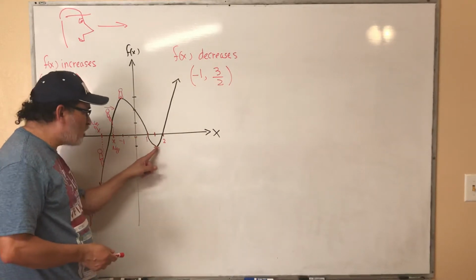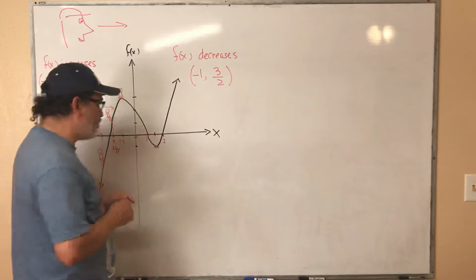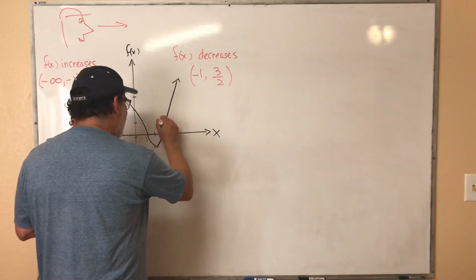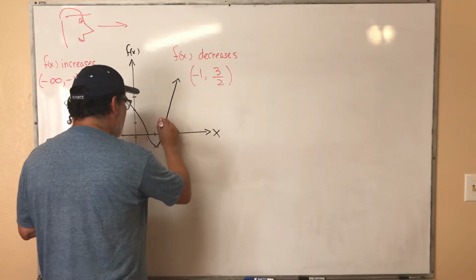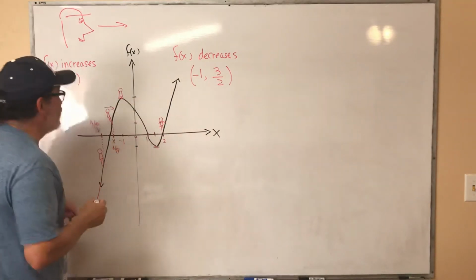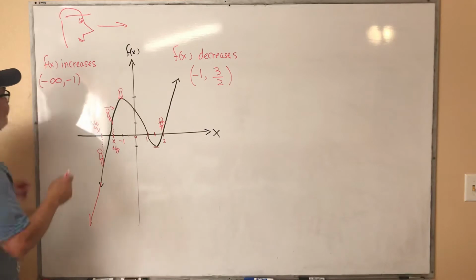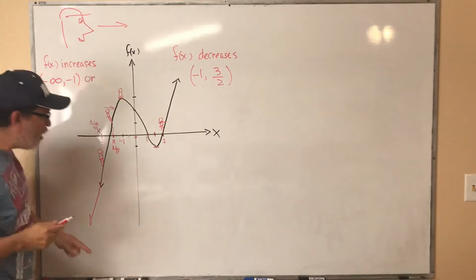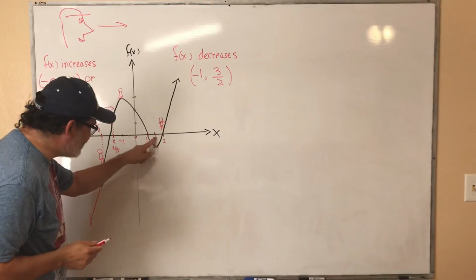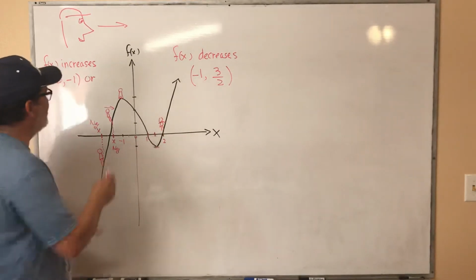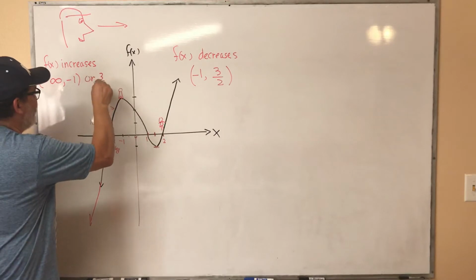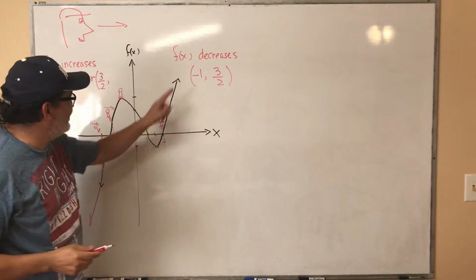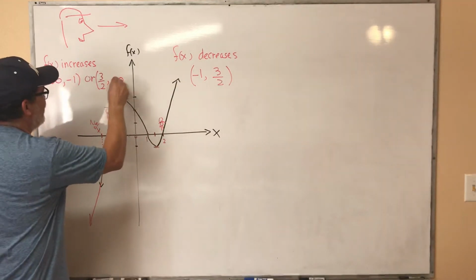Now you begin to increase. Look, if you start walking this way, now you're increasing again. So therefore, f of x increases where? We better write or. Or where? From this x value, which is 1.5, all the way up to infinity.